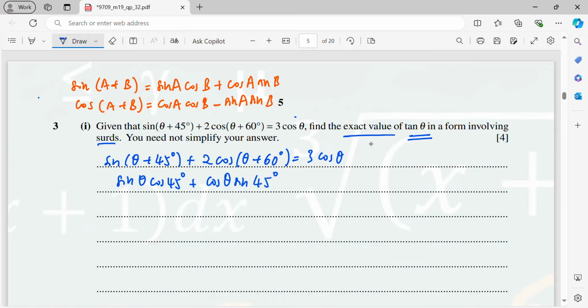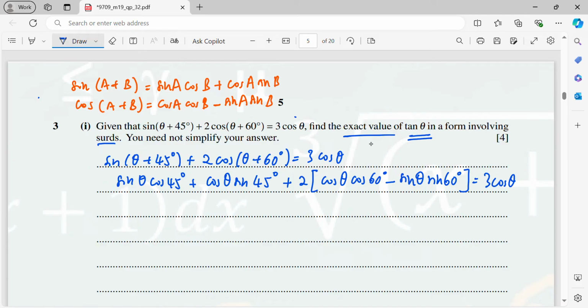Okay, that is for the sine theta plus 45 degrees. And then for the cos, you will be getting cos theta cos 60 degrees minus sine theta sine 60 degrees. Then equals to 3 cos theta.